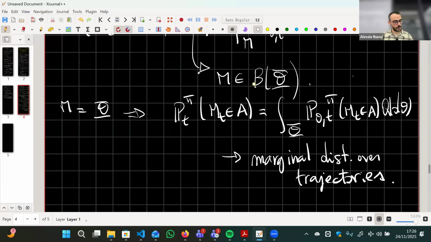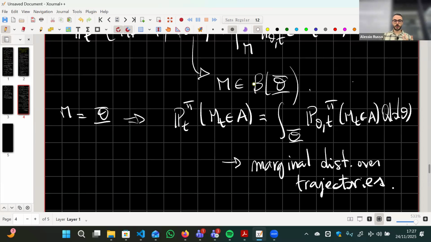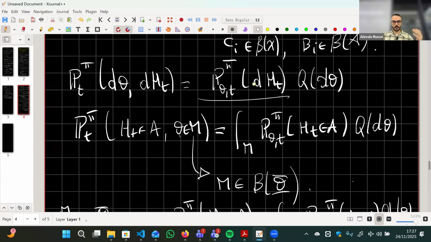So now the natural question is, we have found the marginal distribution over trajectories. We can also define a probability kernel of the likelihood of a trajectory given a certain parameter theta. Or I should say, we have found the probability kernel of the trajectories for a given parameter theta. Can we do the opposite?